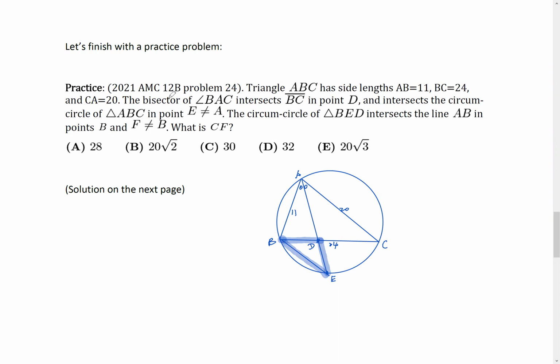The circumcircle of this triangle intersects the line AB at a point F. So if you draw a circle passing through these three points, it's going to meet AB at another point, suppose here, F. So these four points are on the same circle. What's CF?